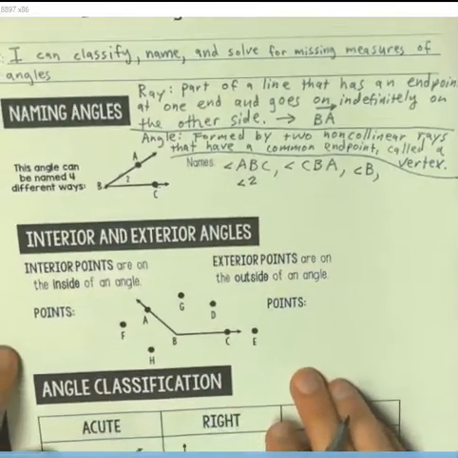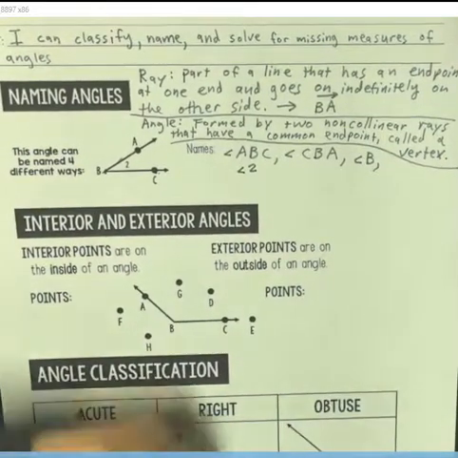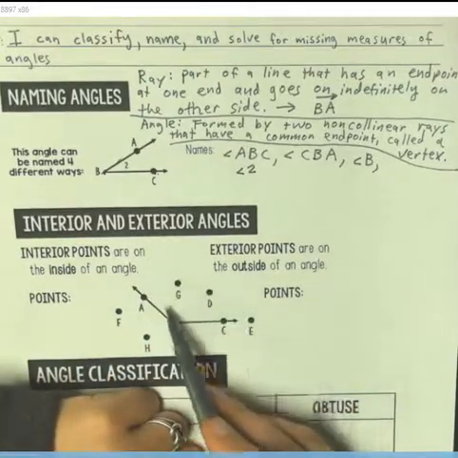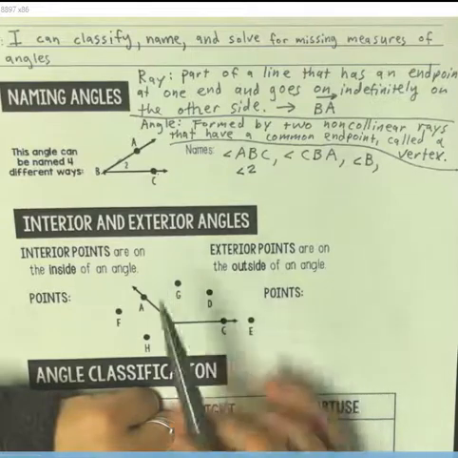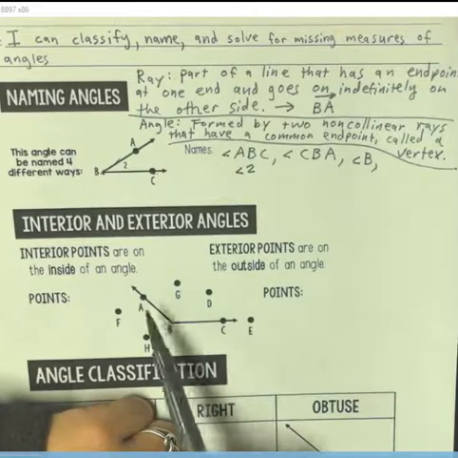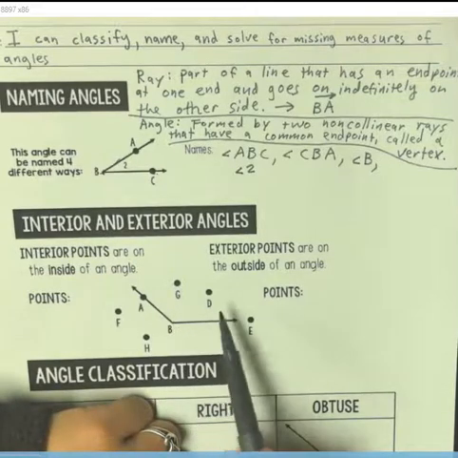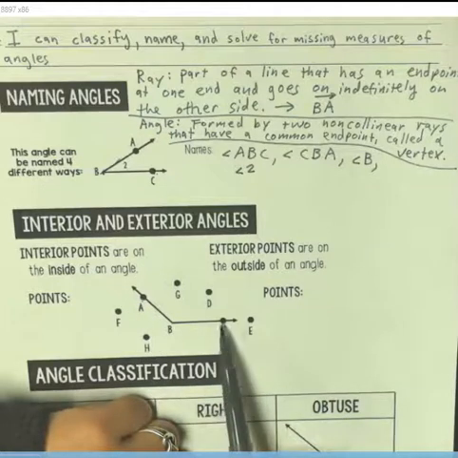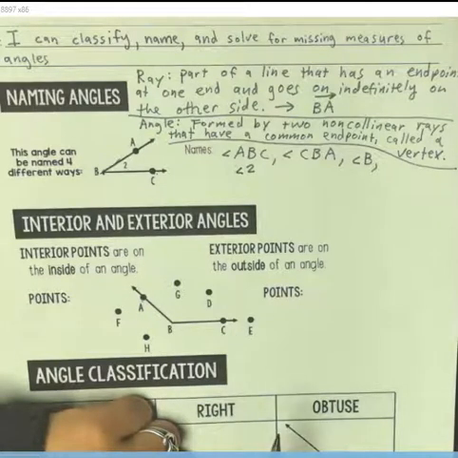Next, we'll look at what are interior and exterior points. Interior points are any points inside whatever angle I'm looking at. Okay, so if I asked you what are the interior points for angle ABC, the interior points would be right here. Now, is point A and point C, are those interior points?